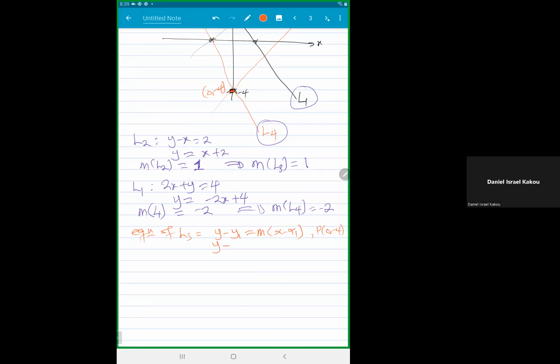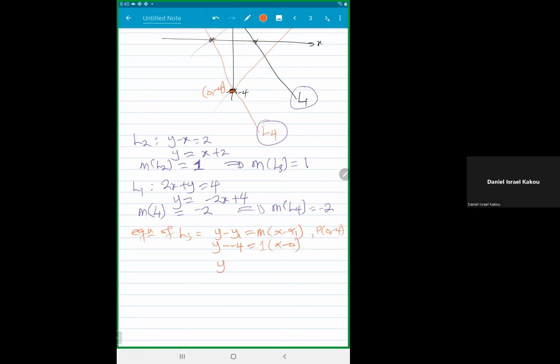So I have y minus minus 4 again, because y1 is actually minus 4. And it's equal to the gradient we had for L3, which was 1. I just have 1 there. We don't necessarily write it, but for teaching purpose, I'll just write it to know that I introduced the gradient. And x1 is also 0 according to the question.